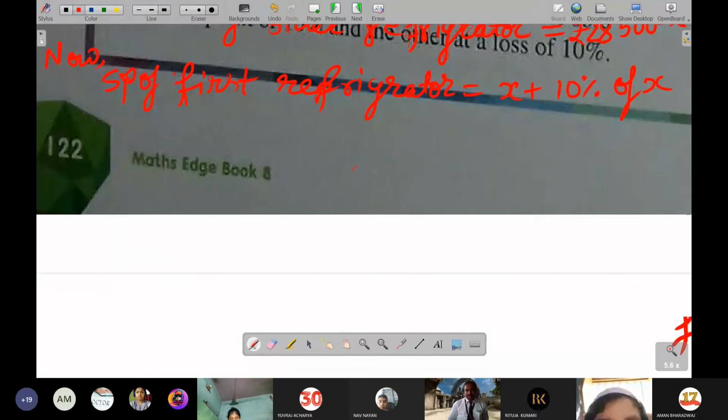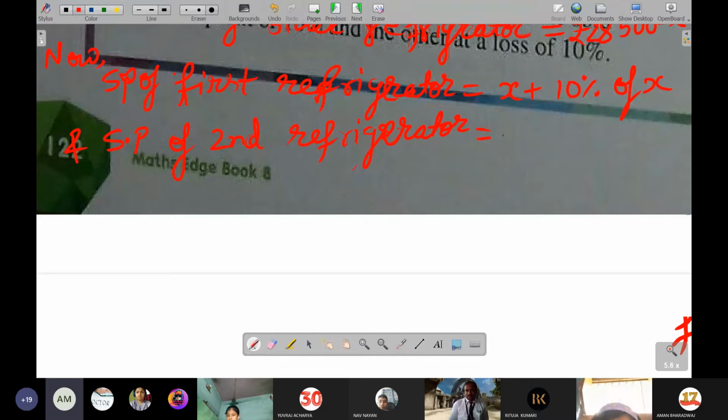Then write SP of second refrigerator, or other refrigerator also you can write. Sorry, refrigerator, not computer.